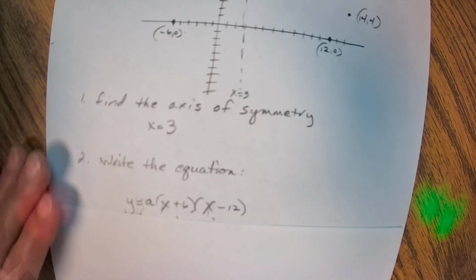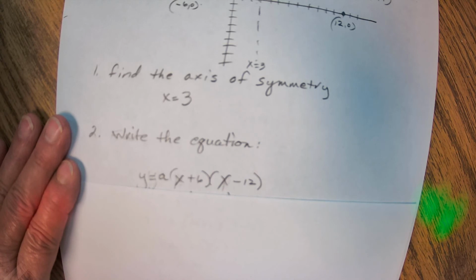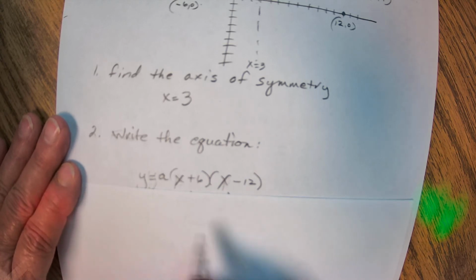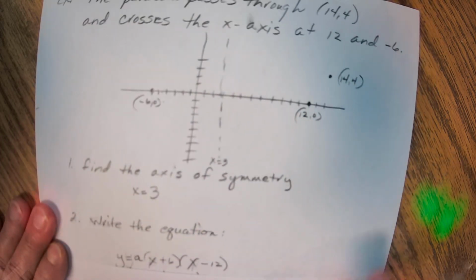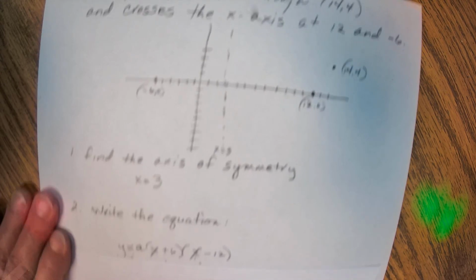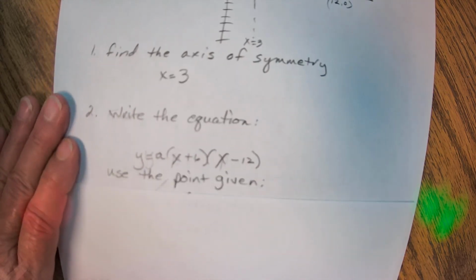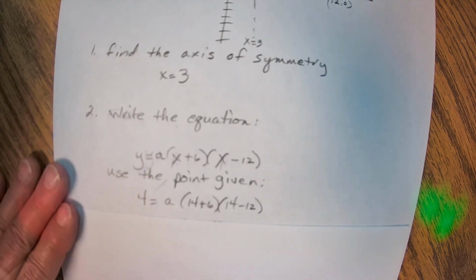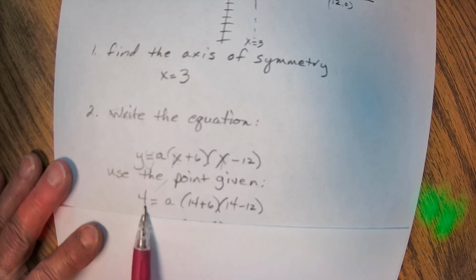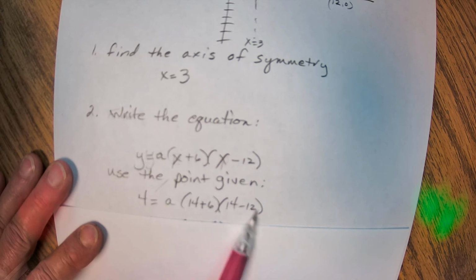The next thing you're going to do is write the equation. We don't know what a is, but we have a point that gives me an x and a y that I can plug in here, right? So you're going to use the point given. y equals a times (x minus p) times (x minus q).